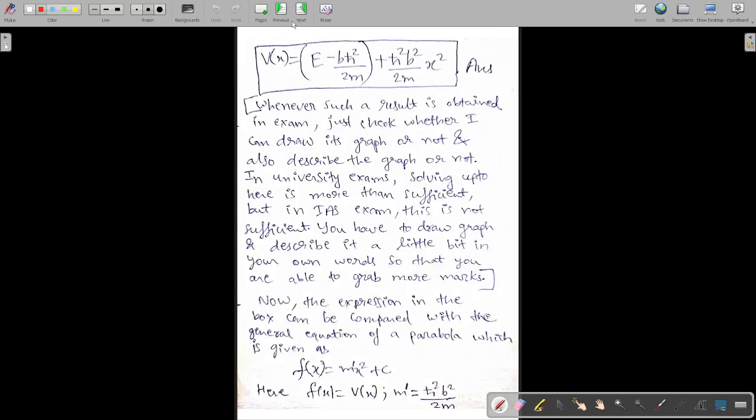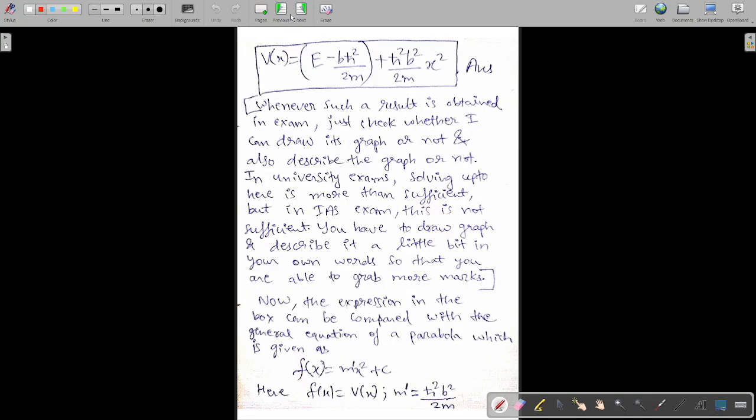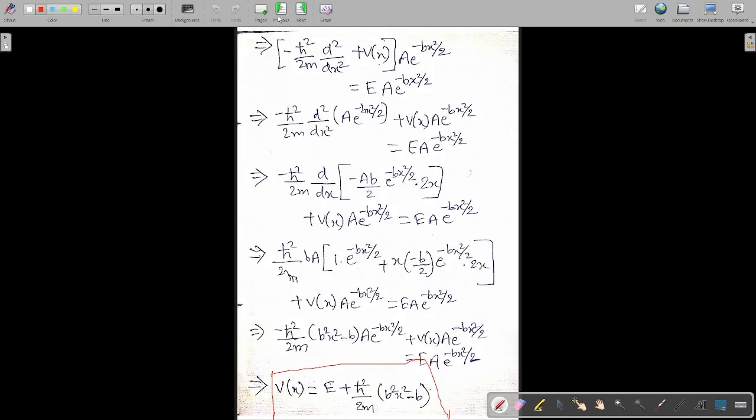Okay, now how has this come? E minus B h cut square by 2m. From here again one step has been done, that x term has been separated out and constant terms have been separated out. You can clearly see that when I multiply this by this, I will get the x term, right?